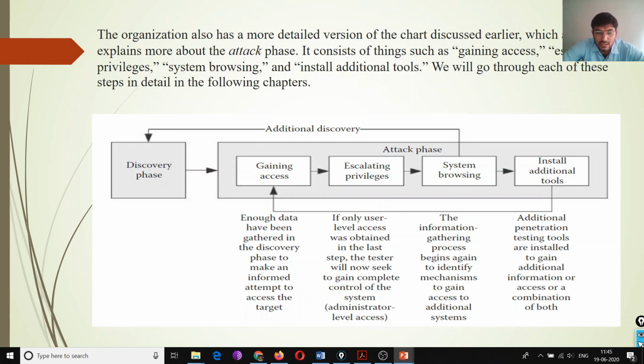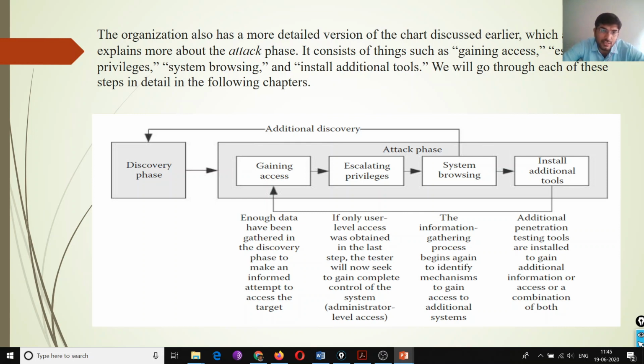Administrative privileges are not the highest privileges in the Windows system. The highest privileges are the NT privileges, right, network terminal, what we use for the Windows term. So we need to escalate our privileges so that we can do whatever we want to do in the system, right?